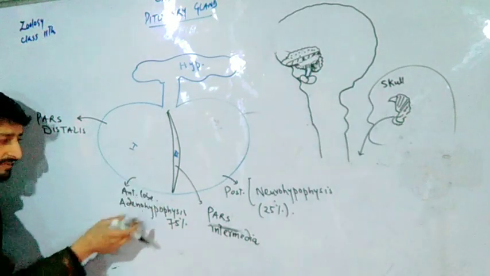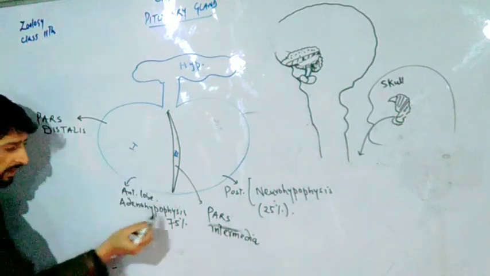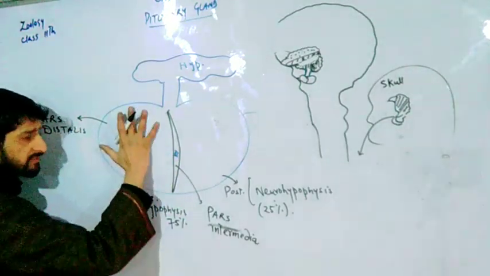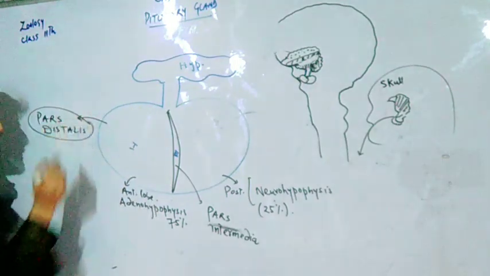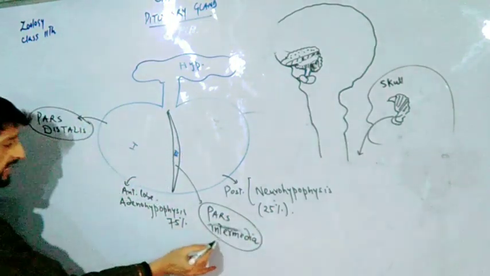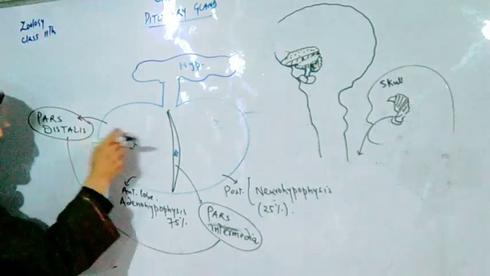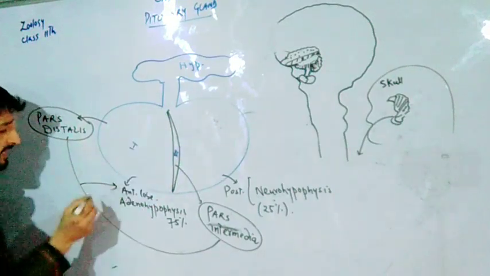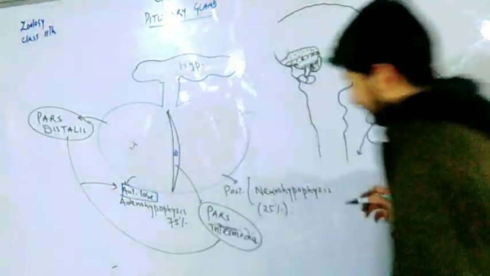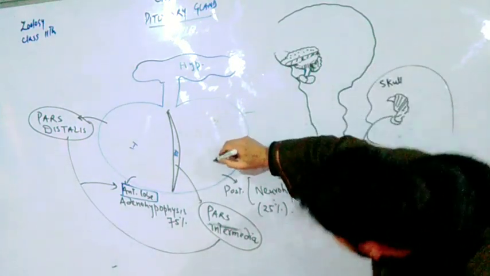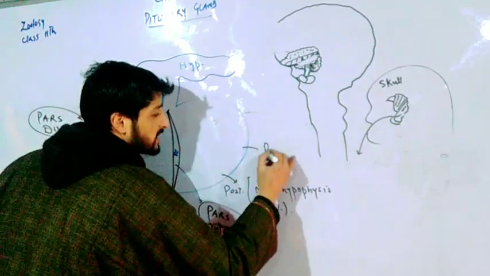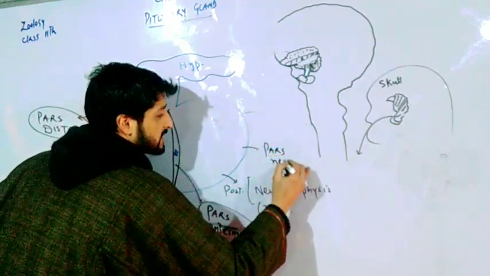So anterior lobe of pituitary gland, also known as adenohypophysis, is composed of two parts: pars distalis and pars intermedia. Both these parts form your anterior lobe of pituitary gland, like this. Now, this part is also known as pars nervosa, neurohypophysis.